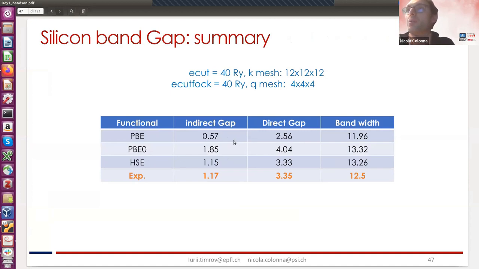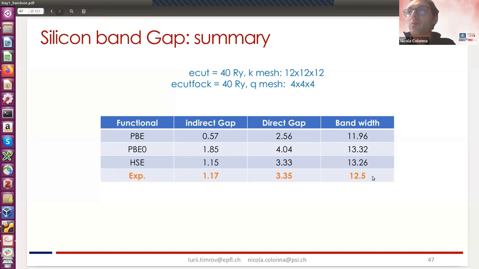And now I just show you a table with a summary on the result that we have. In particular, here you see the indirect band gap, so the smallest energy separating the valence to the conduction band, the direct band gap at gamma, which is also relevant in many experiments, and the bandwidth is the width of the valence band.